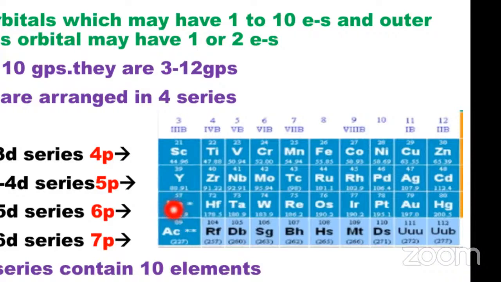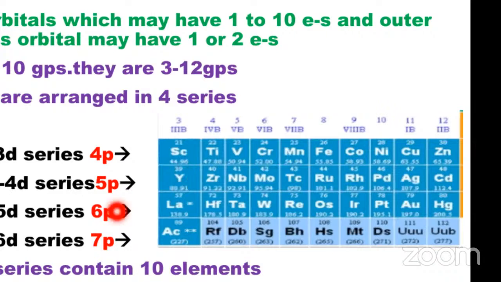Here the lanthanum belongs to D block. It starts from lanthanum and ends with mercury. Here the lanthanum atomic number is 57 and mercury is 80.